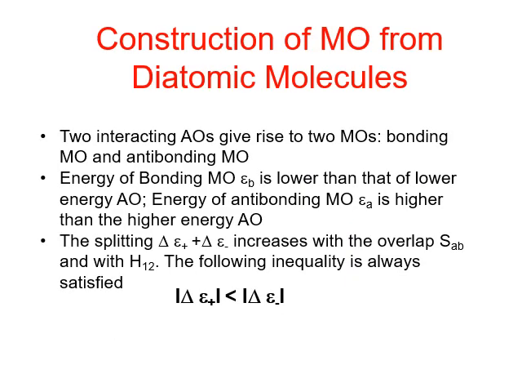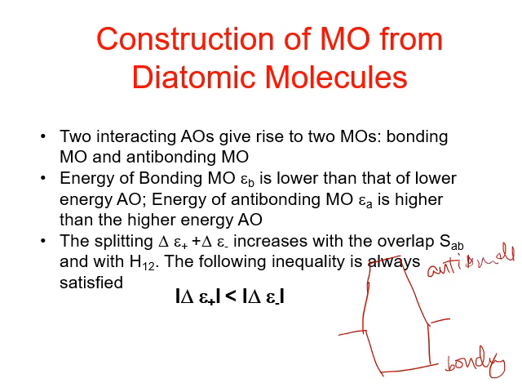In summary, when 2 atomic orbitals combine, they form 2 molecular orbitals. One is bonding, one is anti-bonding. The bonding molecular orbital has energy lower than the atomic orbitals.